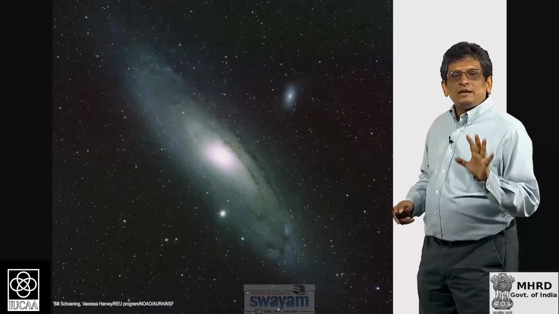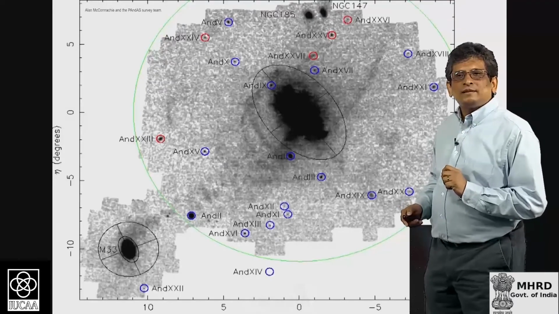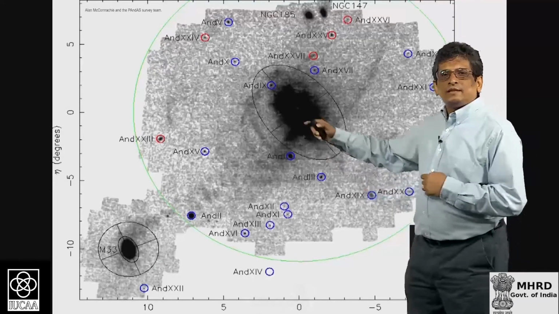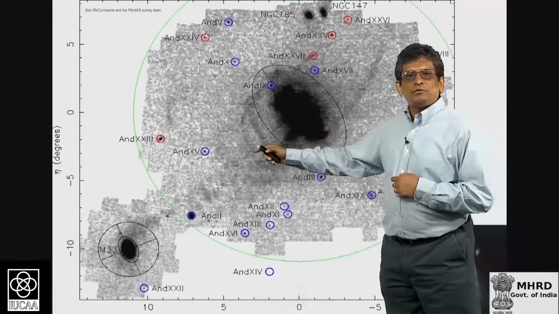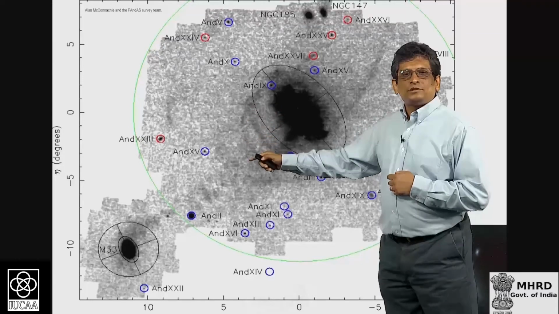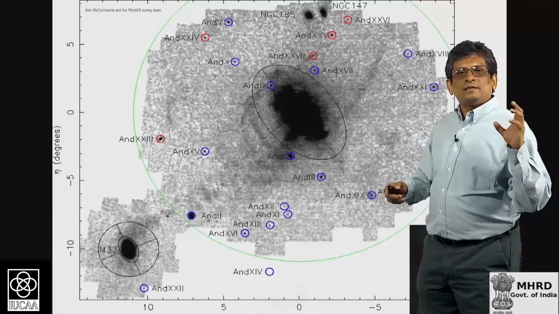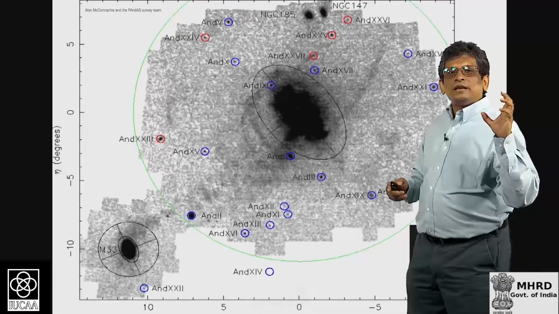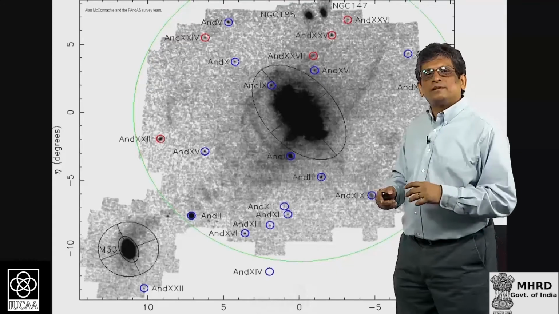But if you take a very deep picture with the Keck telescope, here is what you see. In the middle we see the disk of the Andromeda galaxy, and around it all these streams. These are stellar streams of little dwarfs that, in the same way as Sagittarius, are being disrupted, completely broken up, and falling into the main galaxy.